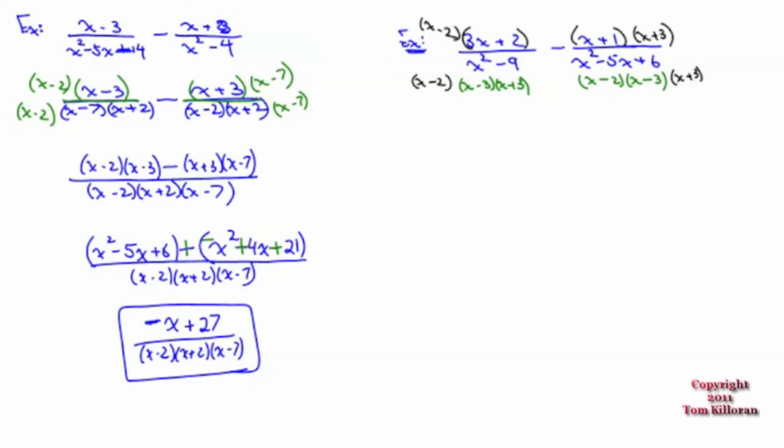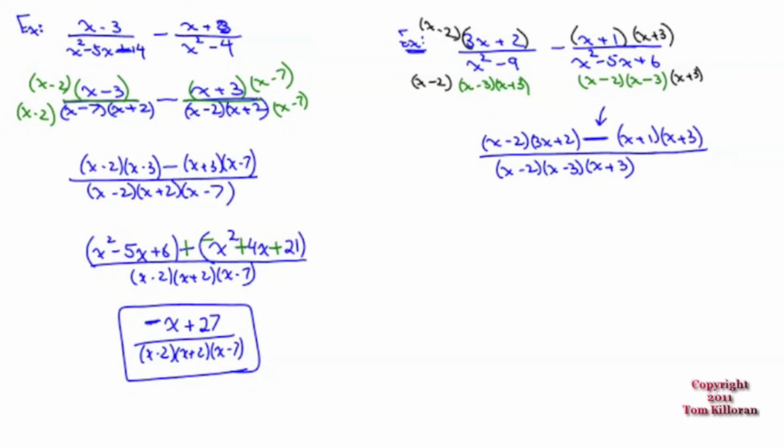Okay. Fraction bar. Put in all your factors, x minus 2, x minus 3, x plus 3, and in the top, x minus 2 times 3x plus 2, minus x plus 1, x plus 3.